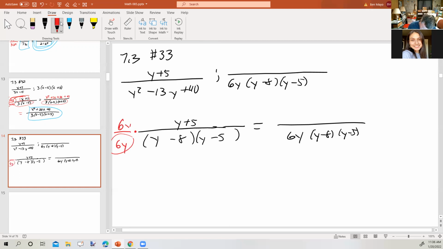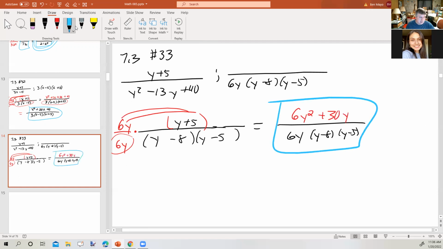So what do I need up here? 6y. So what's my new numerator? 6y squared plus 30y. So there's my final answer. Any questions on that one? No, I'm good. Thank you.